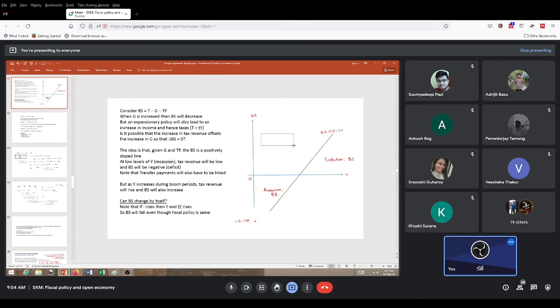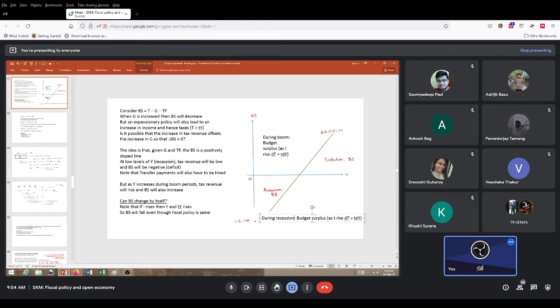So let me write this clearly. During boom, dT... and during recession, what happens?